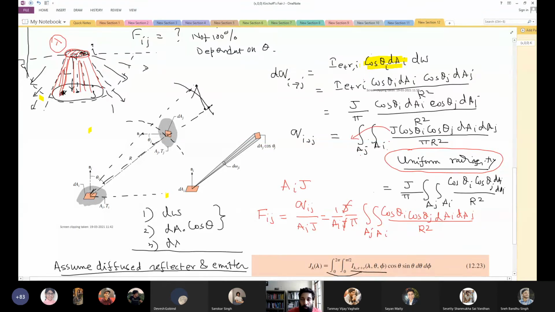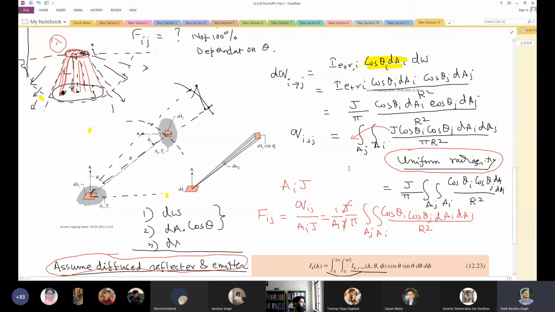So the assumptions here are uniform radiosity, diffuse reflector, and emitter. If it's not uniform, we cannot pull it out, and life will be much harder. So under uniform radiosity, we pull it out. All right, clear?